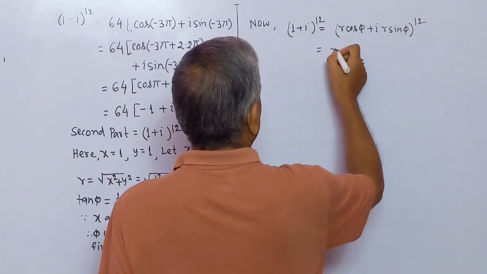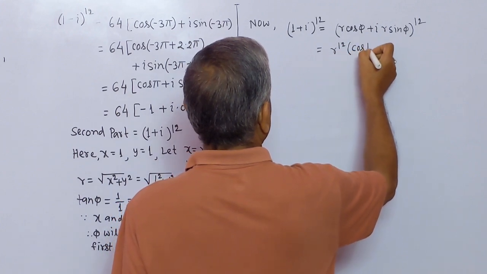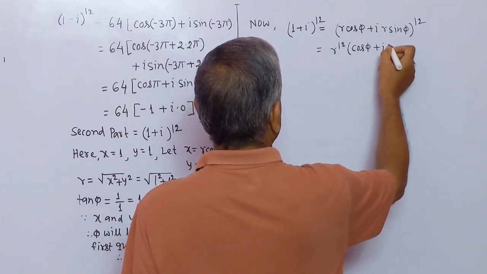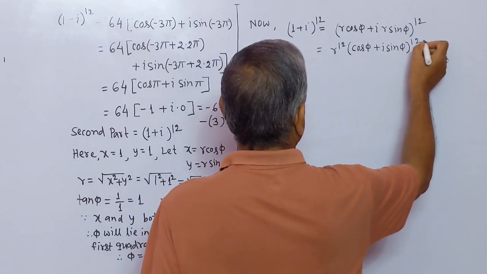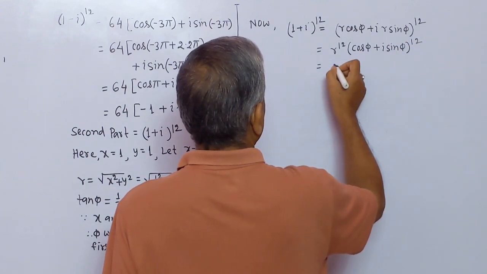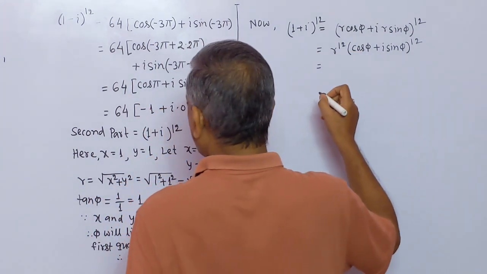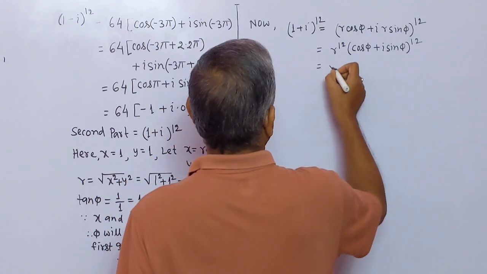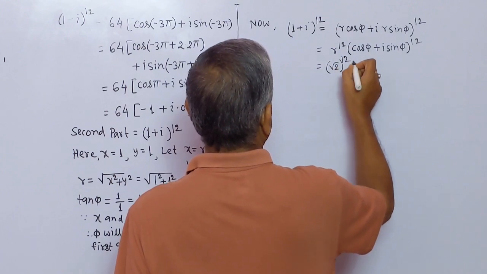This is equal to r to the power 12 (cos phi plus i sin phi) to the power 12. This is equal to, r means square root 2, to the power 12.